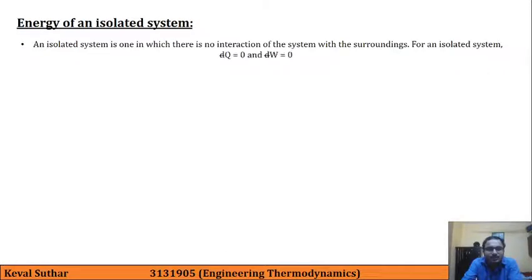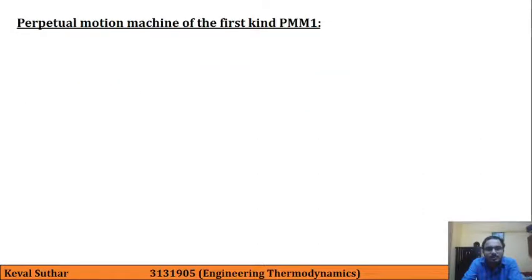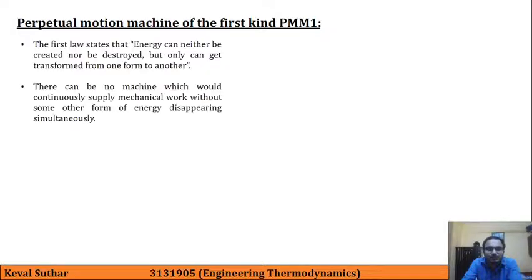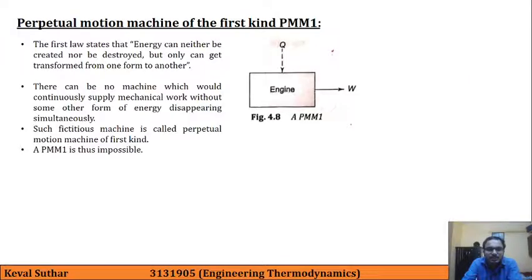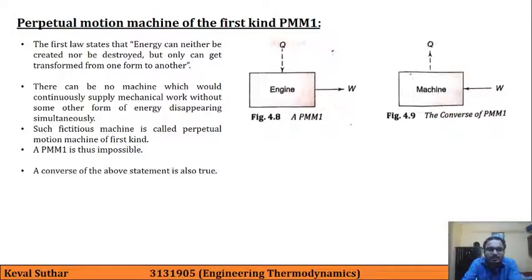Then we studied that the energy of an isolated system is constant, and then we studied about perpetual motion machine of first kind, PMM1, which violates the first law of thermodynamics, and it is imaginary and not possible.